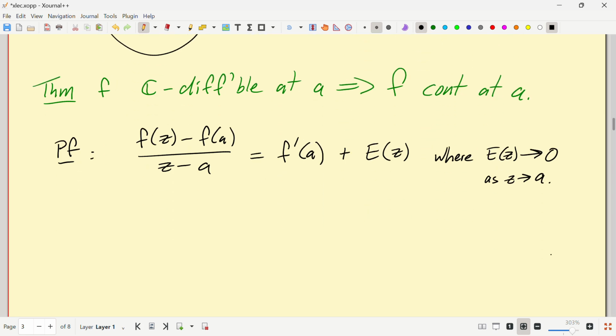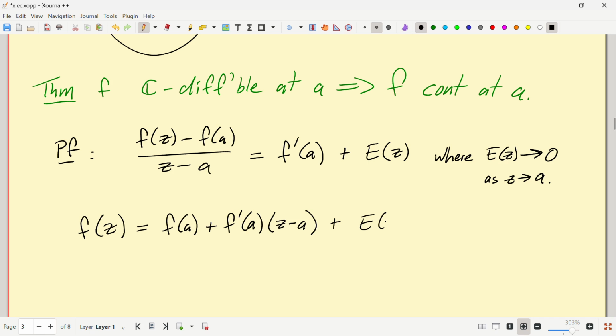Now I'm going to solve for f of z here, and I'll get that f of z is equal to f of a plus f prime of a times z minus a. This should look familiar. It kind of looks like a first order Taylor series, plus e of z times z minus a. Fascinating.